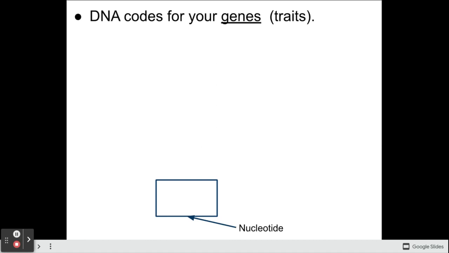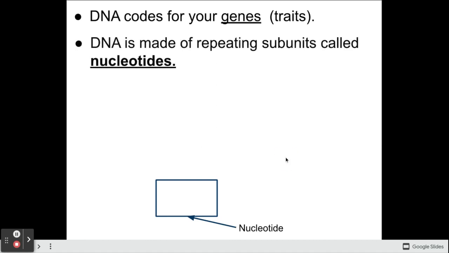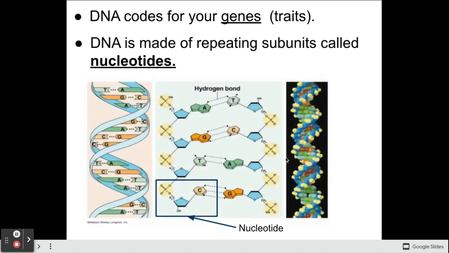Now, what is DNA? Well, it codes for your genes or your traits. So back when we were talking about traits and genetics, DNA is the code to create those traits. And DNA is made of repeating subunits called nucleotides. And so here's a picture of DNA right there, spiral ladder.